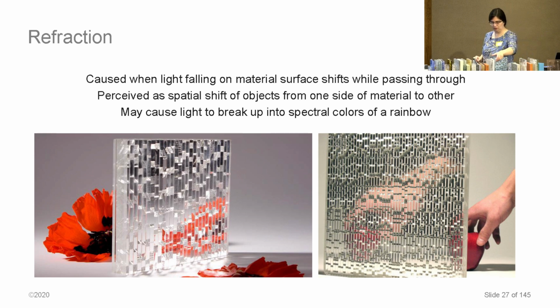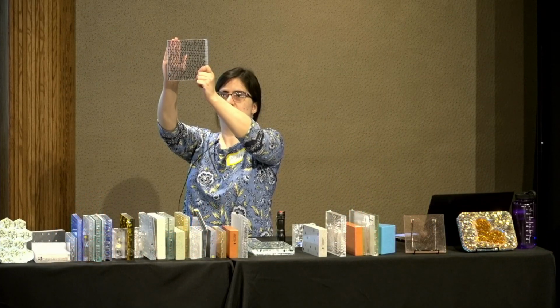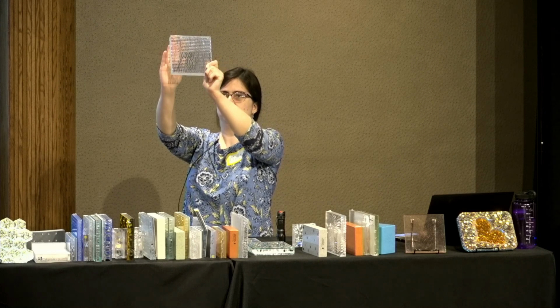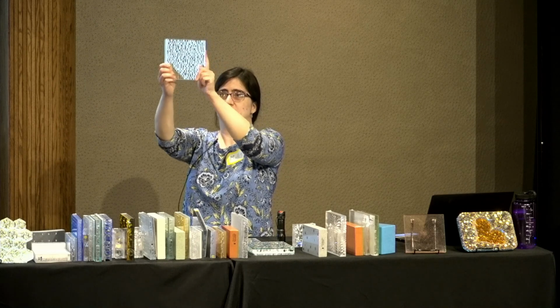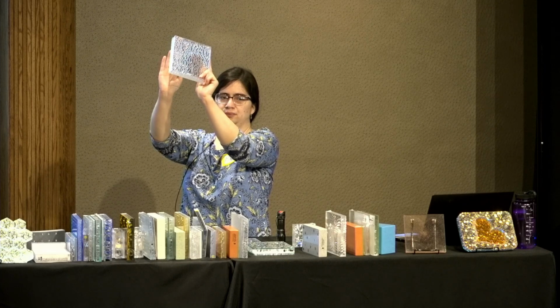Refraction is an important element of design for these. Again, I'm usually doing this on a camera, so I'm not sure how well you'll be able to see, but I'm hoping you can. So refraction causes sort of an optical illusion behind the material of objects disappearing or appearing larger or smaller, distorting objects behind it.